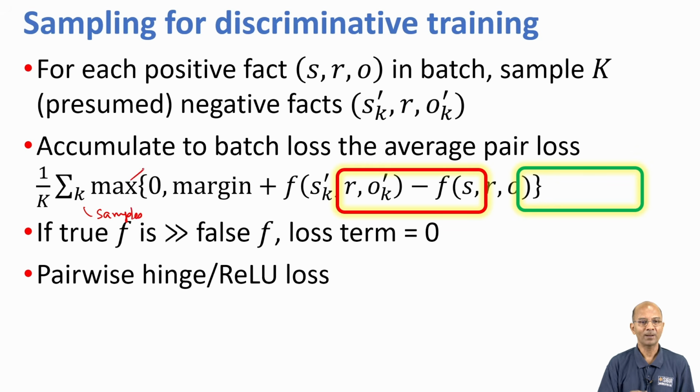In each, we'll apply the hinge loss, as mentioned before, where we do margin plus bad minus good. So this is the good, that is the bad. And we want the good to beat the bad, and this whole sum to come down to 0. So this is how many knowledge graph modeling and completion algorithms are trained.